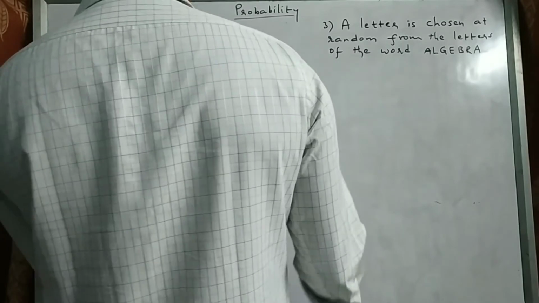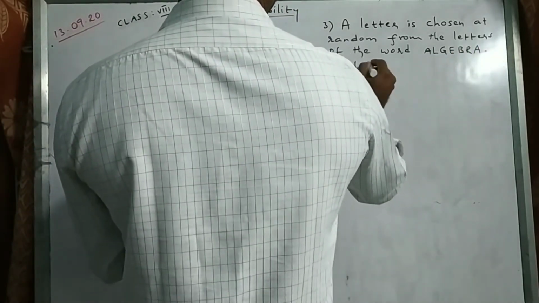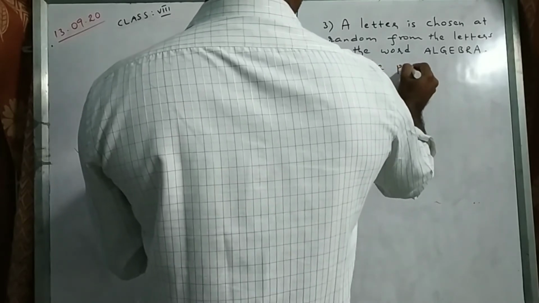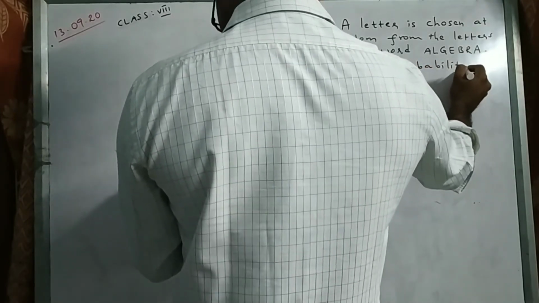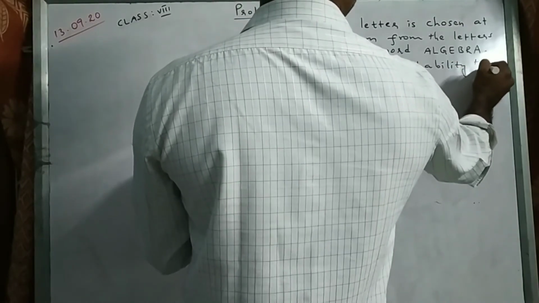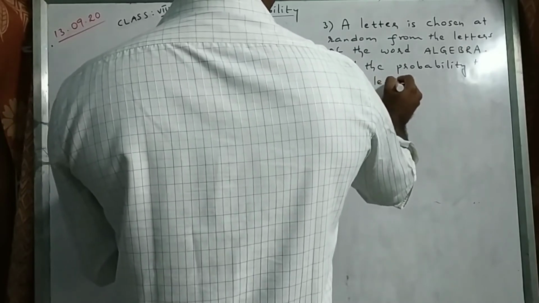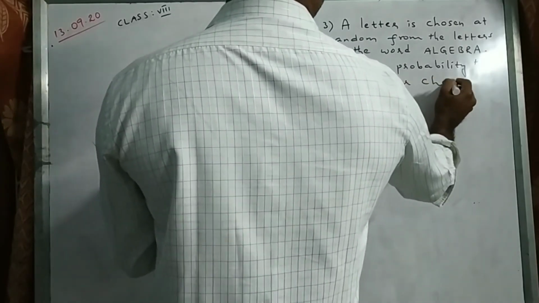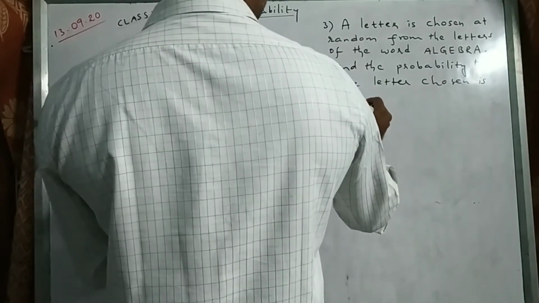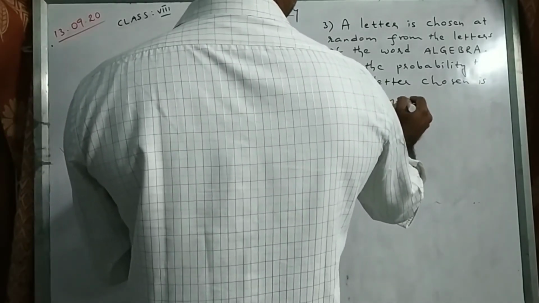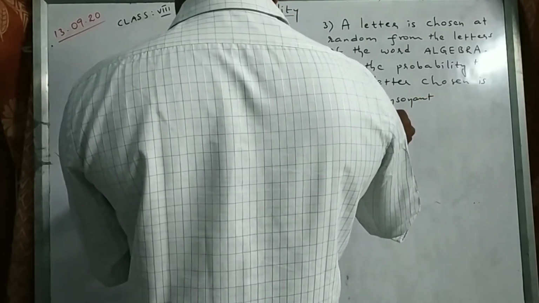Find the probability that the letter chosen is, first one, a consonant, second one, a vowel.